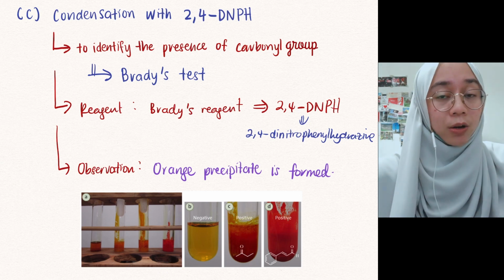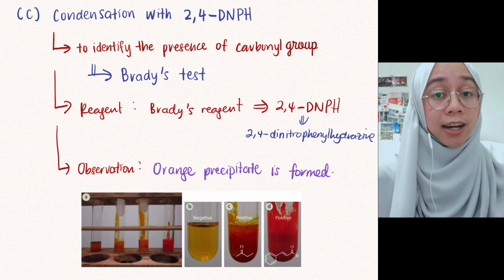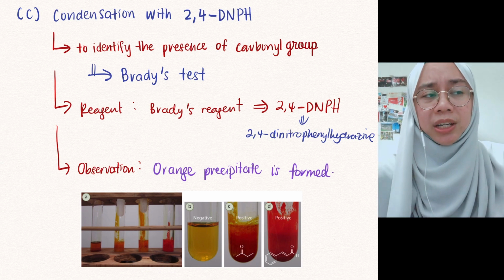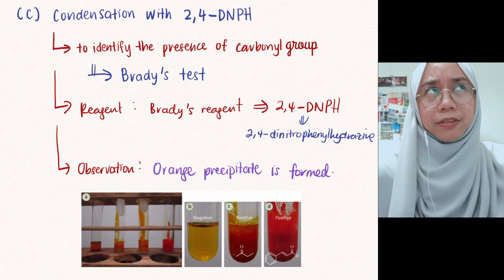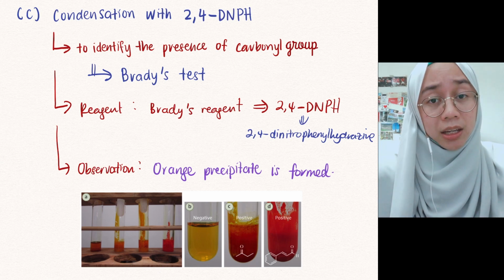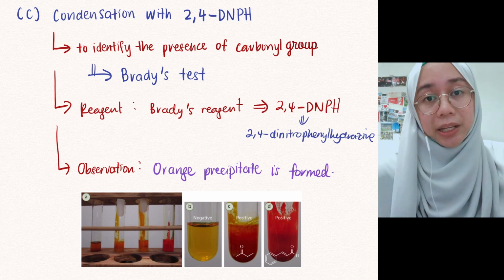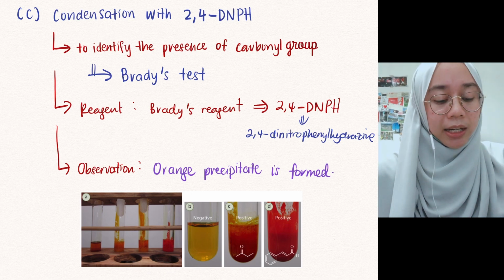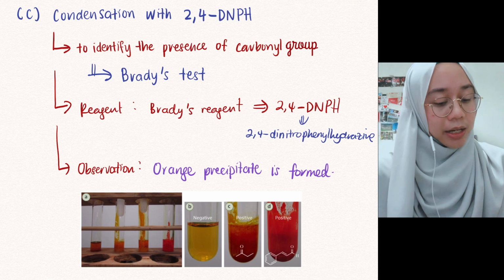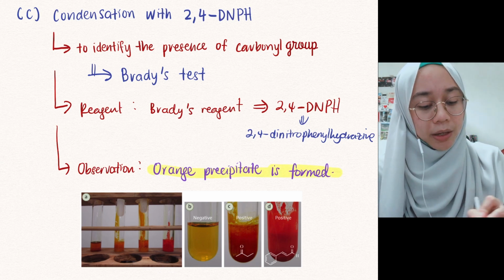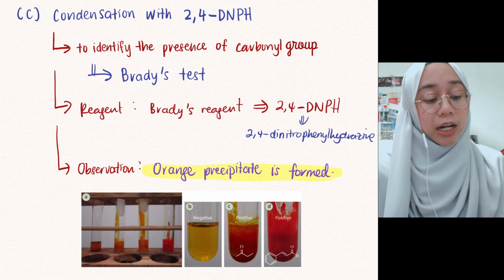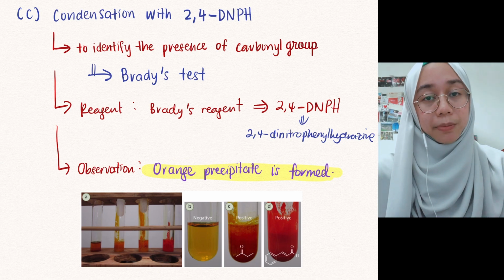Tapi yang tu kita consider sebagai orange precipitate jugalah. Different compound gives you a different intensity of the orange colour, tapi it doesn't matter, benda tu tak effect. Yang penting adalah untuk kamu tahu yang there is orange precipitate formed. Itu yang akan berlaku untuk Brady's test ni.